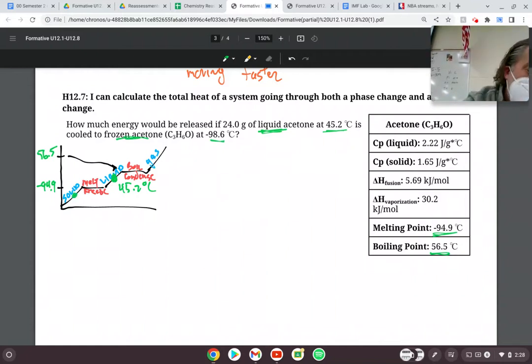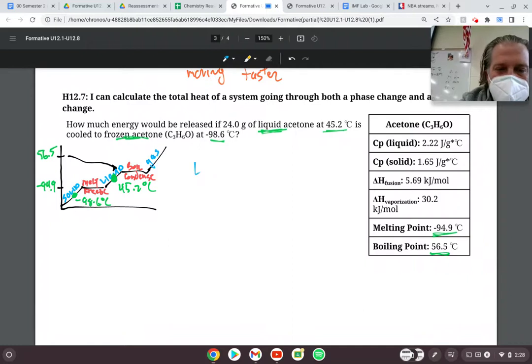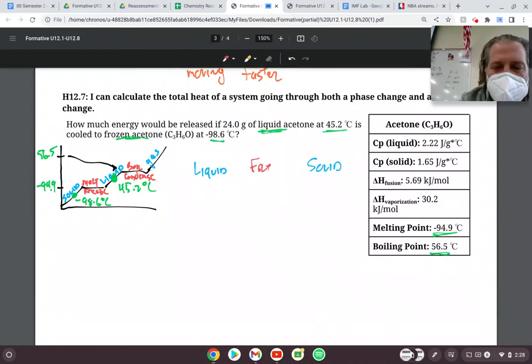So somewhere down here, you'll be negative 98.6. So that tells me that in this problem, I'm going to go from a liquid to a solid. And the way to get there is I have to do a freeze first.